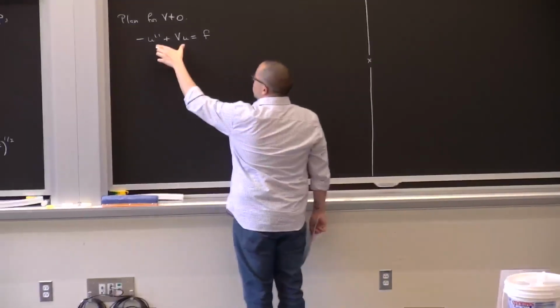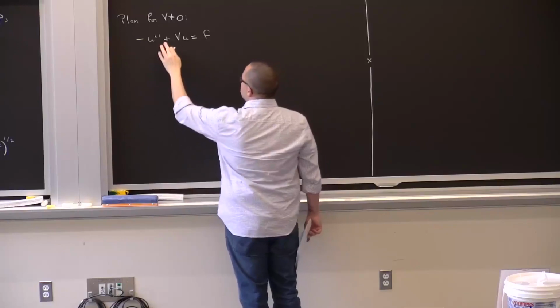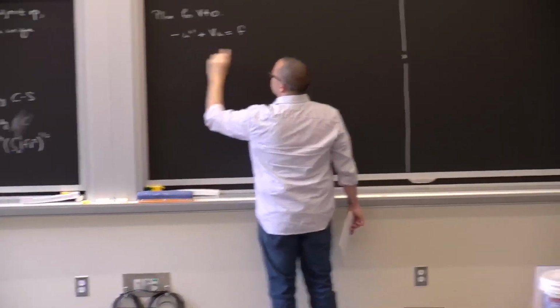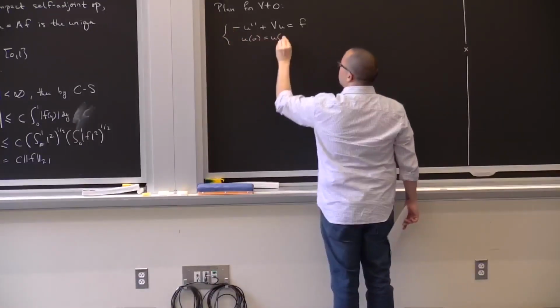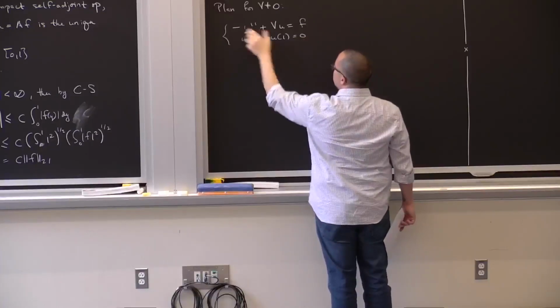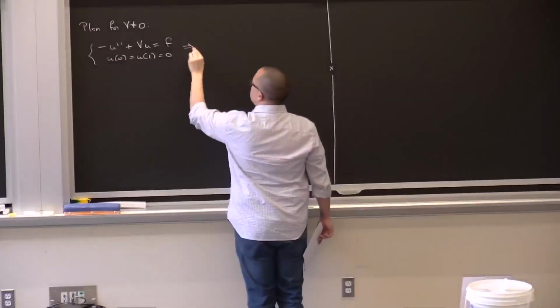How do we solve this differential equation with, again, the boundary conditions, which I'm not going to write down? So let me just write it down here. That implies that minus u double prime equals f minus vu, right?